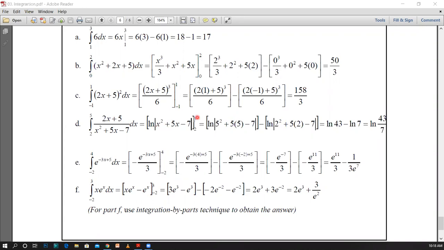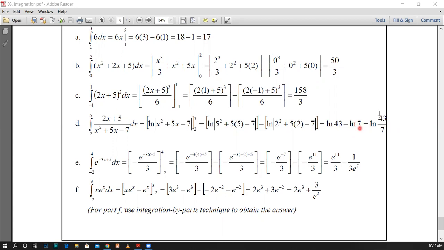Now you have to substitute the upper limit and the lower limit respectively. Once you perform this calculation, for the upper limit it would be ln 43, and for the lower limit it would be ln 7.